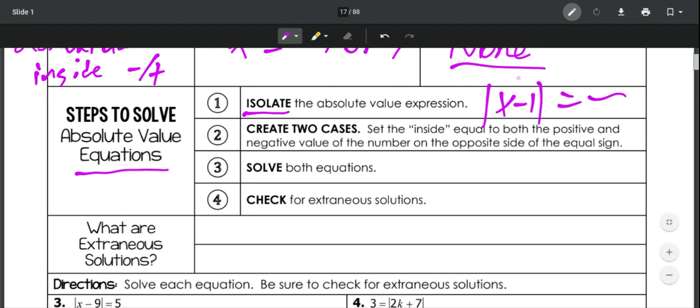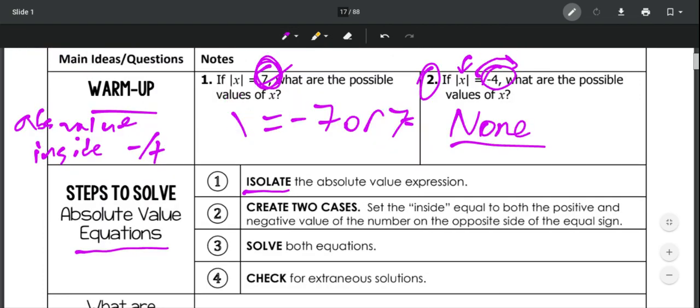That's fine. We just need this to be the only thing there. We don't want the absolute value of x minus 1 plus 2 equals 34. We want to get rid of this. So that's what it means when it says isolate the absolute value expression.